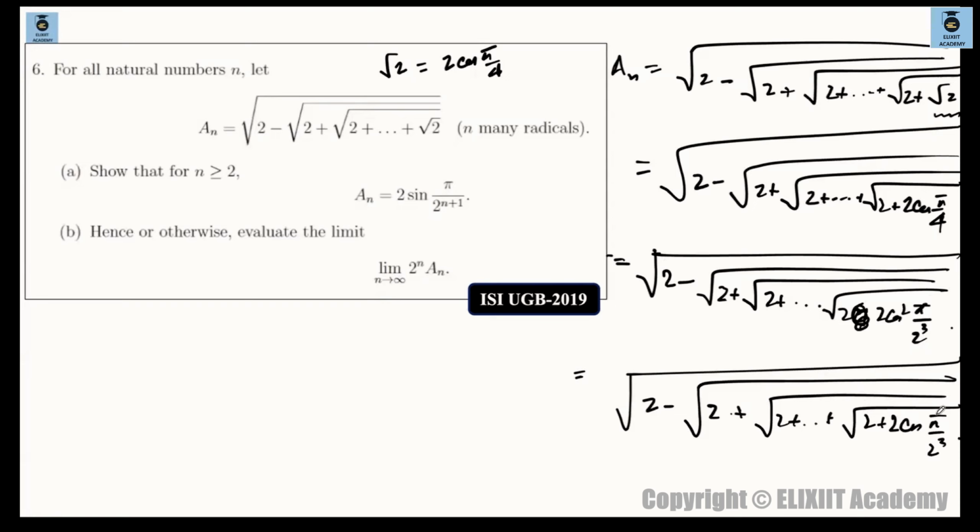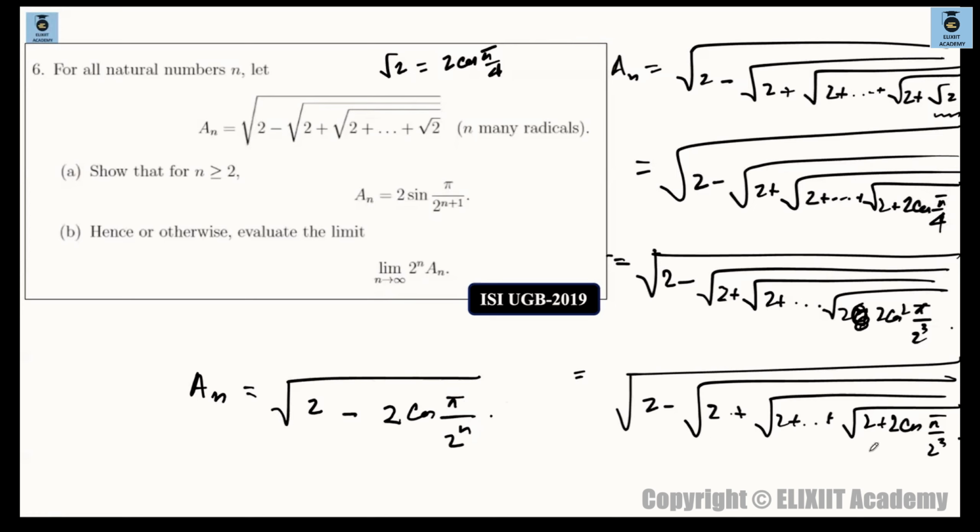So for n minus 1 terms we will be having root over of 2 minus n minus 1 के लिए देखो फर्स्ट टर्म में देखो, दिस वाज एक्चुअली क्या था? 2 स्क्वायर था, देन 2 क्यूब था, है ना? देन फॉर n minus 1 terms we will be having 2 minus 2 cos of pi by 2 raised to the power of n. हाँ या ना?